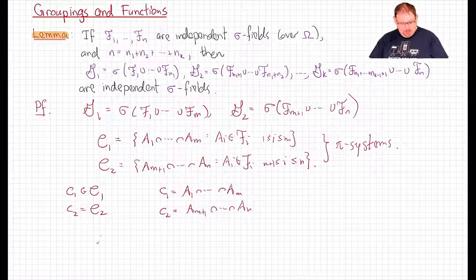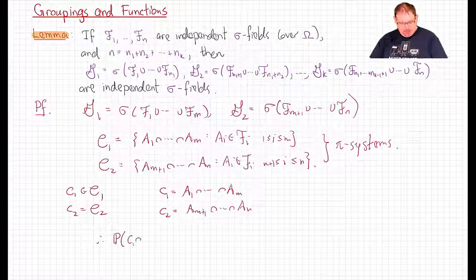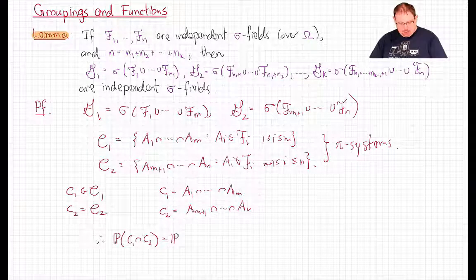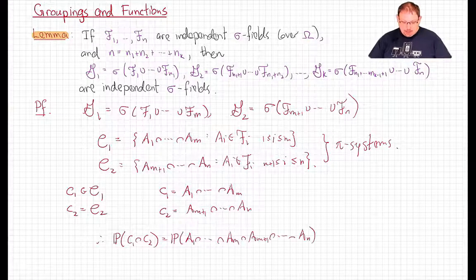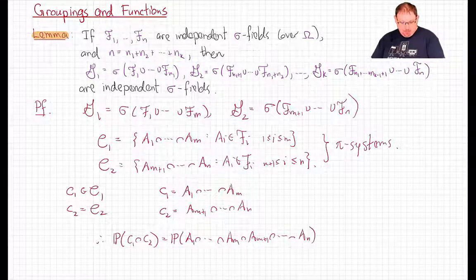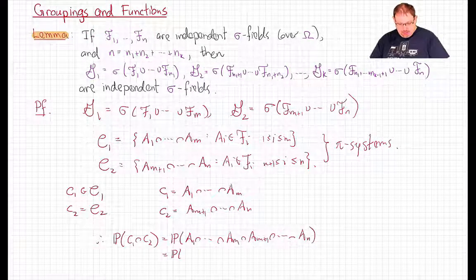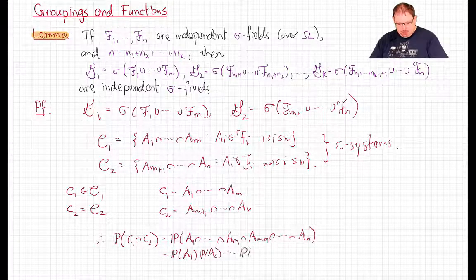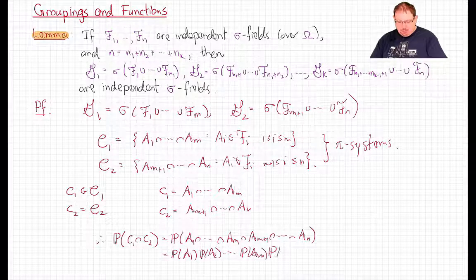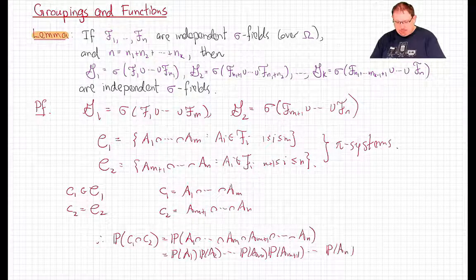And therefore, if I want to calculate the probability of C1 intersect C2, that's just the probability of the intersection all the way. Now, those Ai are all taken from these independent sigma fields. And so this whole thing factors as the probability of A1 times the probability of A2 times the probability of Am times the probability of Am+1 times the probability of An.